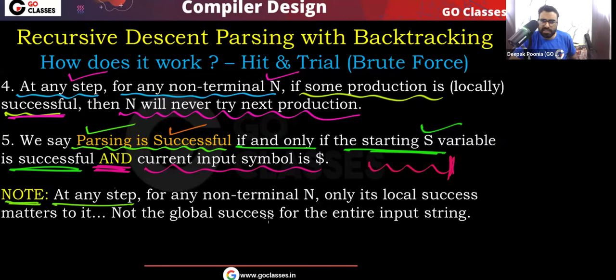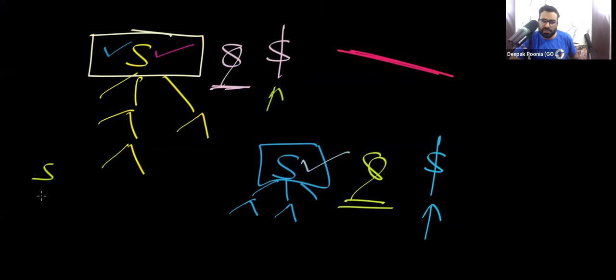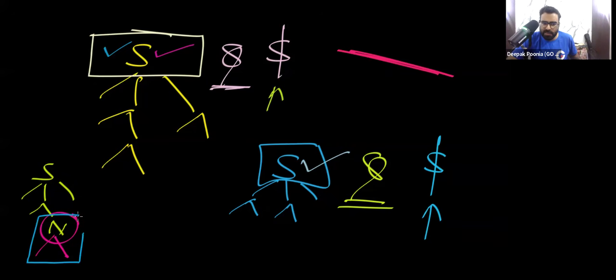Note that at any step for any non-terminal n, only its local success matters to it. Remember, at any point of time, for example, you will start from the start variable, and then you are going like this. Let's assume this is n. For this non-terminal n, only its local success matters. Is the production that it is applying successful? If this is successful, then this n does not care about the global success, whether the original input string will be derived or not.